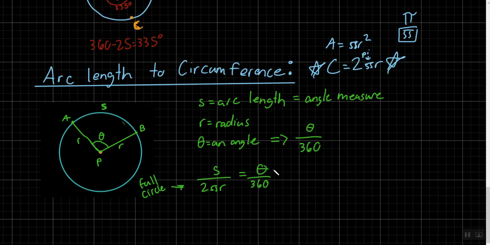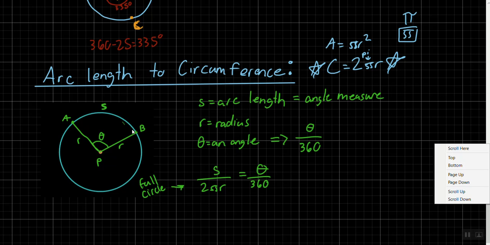Now, above it is the part that we're talking about. We're talking about this area right over here. We want to know the arc length of this. So this is part of the whole equals theta divided by 360. Now, if I want to talk about arc length, what is arc length in this problem? Which letter?